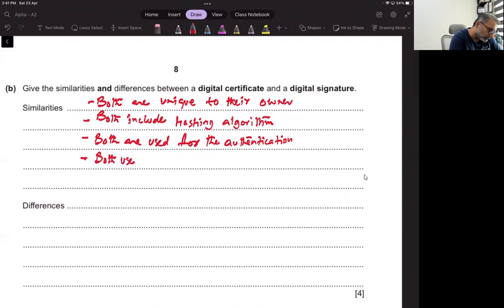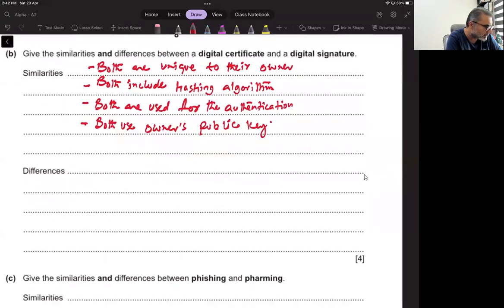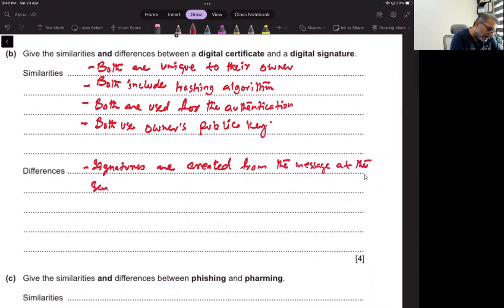Both use the owner's public key. Whereas there are differences: signatures are created from the message at the sender's side.